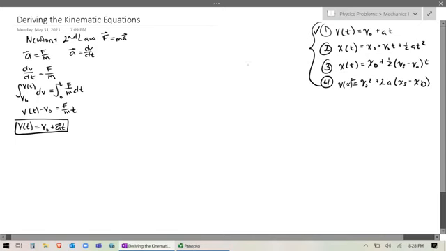So then the next thing we're going to do is we know that velocity is the time derivative of position. So we're going to replace this v with dx/dt. So then we get dx/dt is equal to v naught plus at.